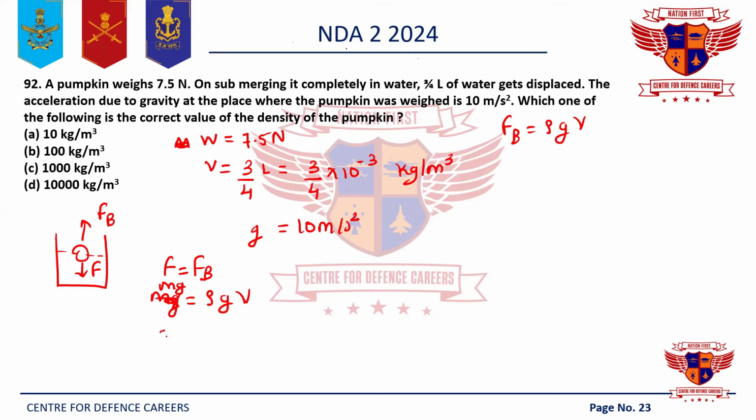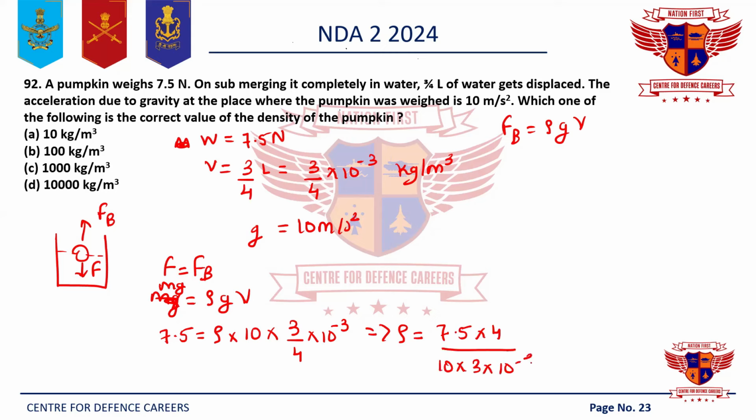They have given us the weight, that will be 7.5 newtons, and they have asked us to find out the density. So rho, and acceleration due to gravity is 10, and they have given us volume, that will be 3 by 4 into 10 raised to minus 3. Now, taking all the numbers on the other side, we get rho is equal to 7.5 into 4 divided by 10 into 3 into 10 raised to minus 3.